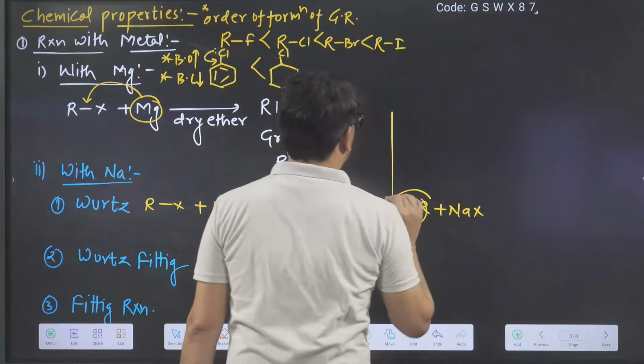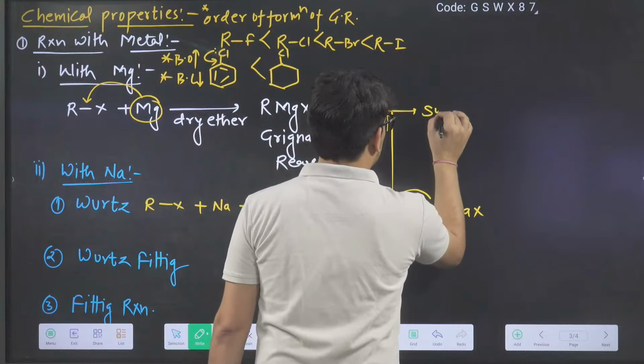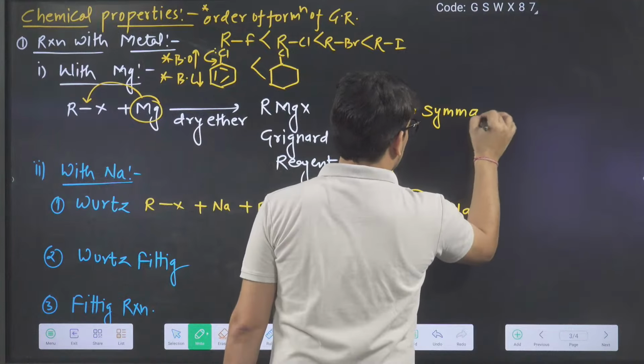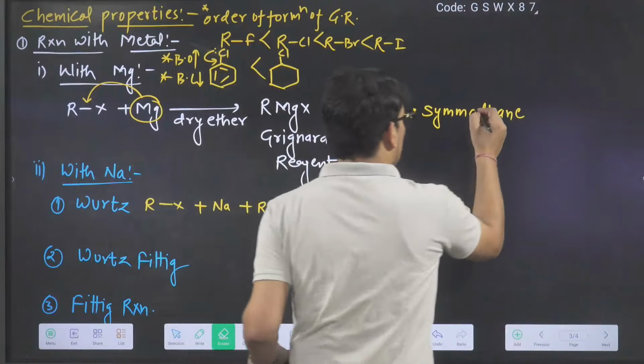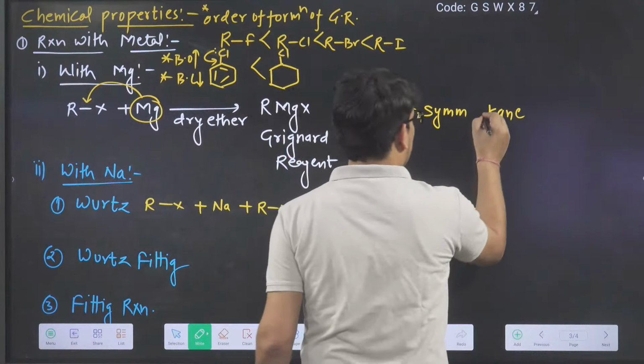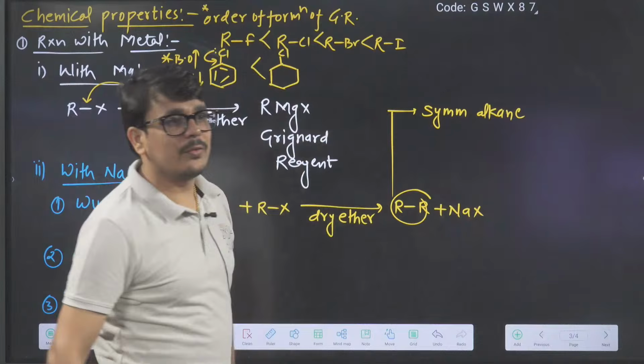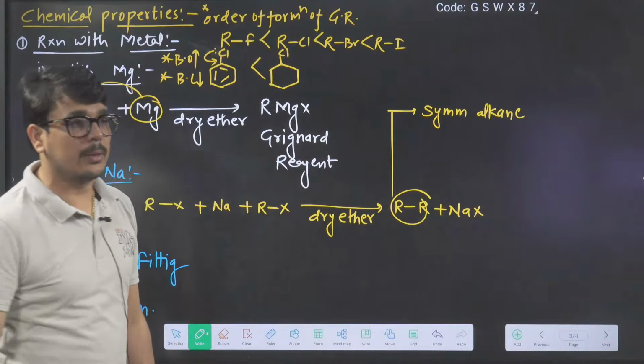Now some points regarding this one. This reaction is used to prepare which type of alkane? Symmetrical alkane. Symmetrical alkane means what? Those alkanes which have an odd number or even number of carbon?